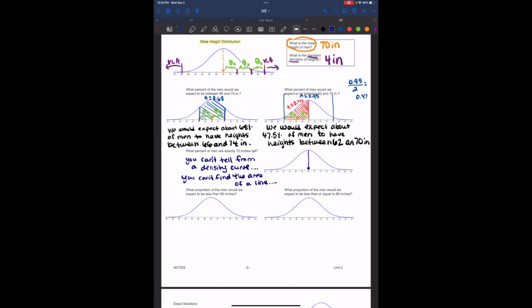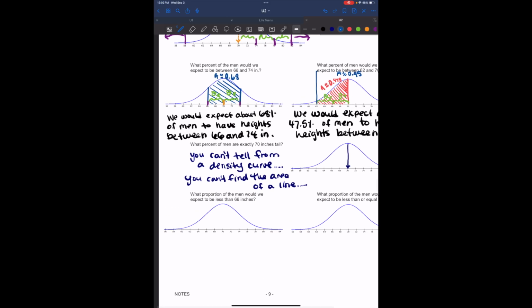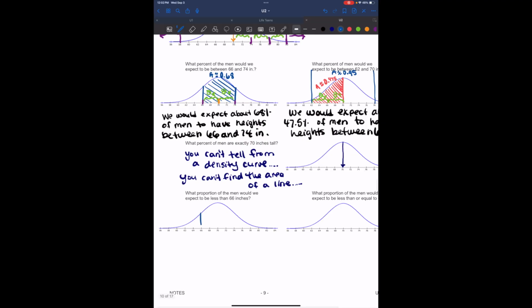All right, proceeding on, it says, what proportion of men would we expect to be less than 66 inches? So let's go find where 66 inches is. And we want to know what we would expect to be less than that. Okay, again, I would like to use the empirical rule to help us. And the empirical rule is always centered from the middle.